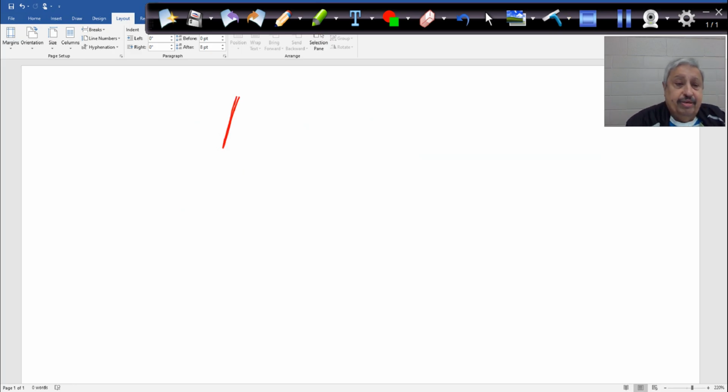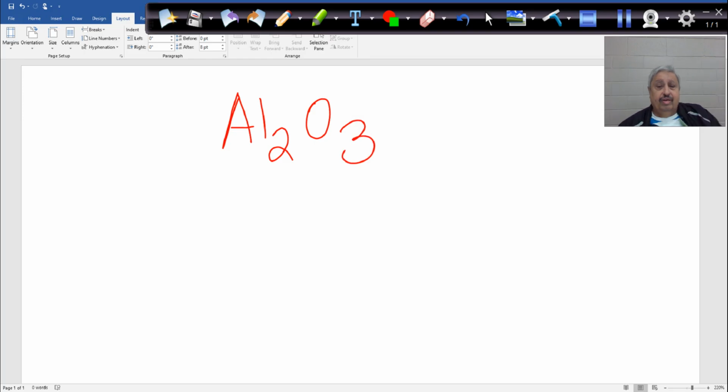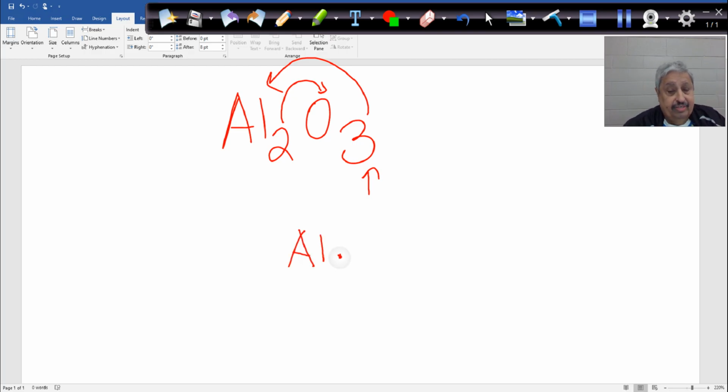I have aluminum oxide. The third group will be 3. So the 3 will come from aluminum, and the 2 is given to the oxygen, because oxygen has 2 minus. So I have 2 aluminum. Aluminum, how many valence electrons? 3, correct?